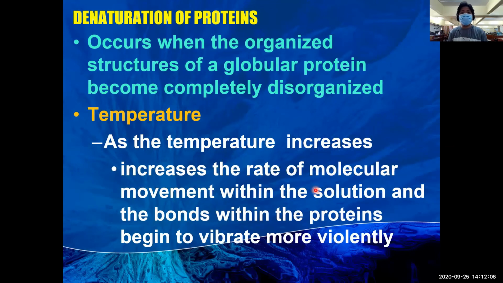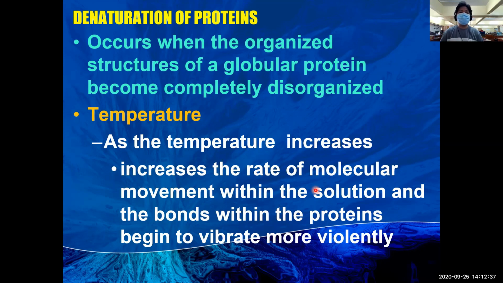So for denaturation of proteins, it occurs when the organized structures of a globular protein become completely disorganized. So we have the following denaturing factors. First is temperature. As the temperature increases, it also increases the rate of molecular movement within the solution, and the bonds within the proteins begin to vibrate more violently.